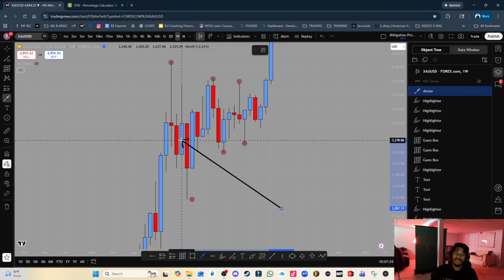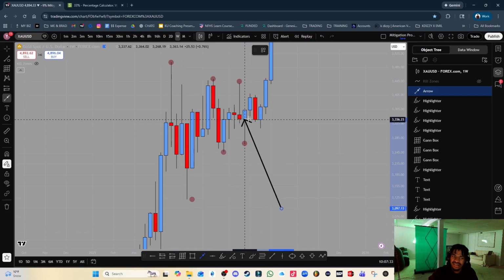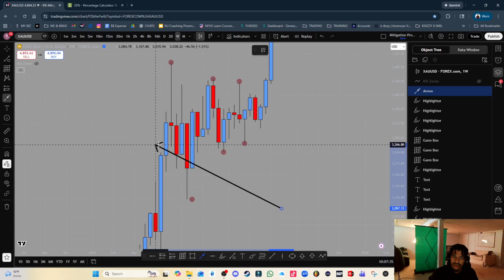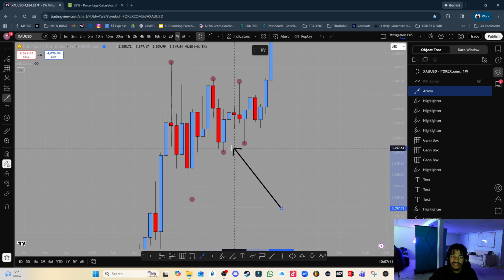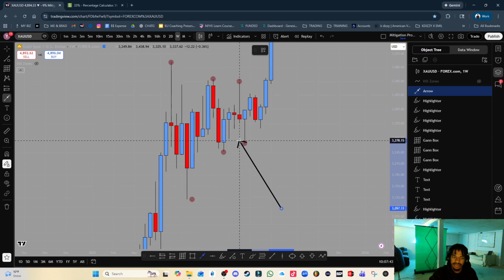There's two different concepts that I'm not going to talk about in here, but it's called distribution and accumulation. I think accumulation is the one where there's a lot of sideways movement, consolidation, but it's really getting ready to buy up, right? So you can kind of see the structure of an accumulation, and there's actually a picture.